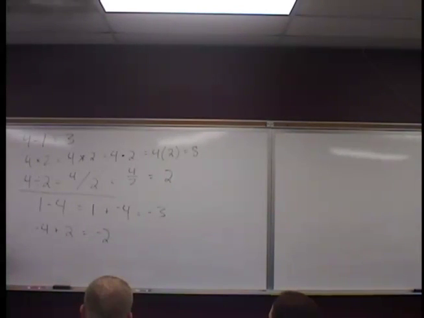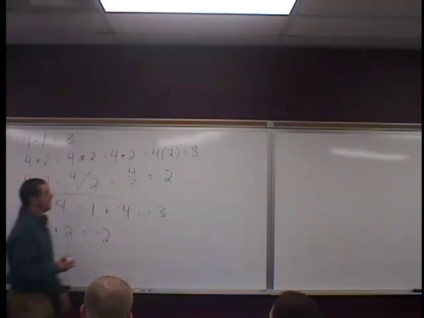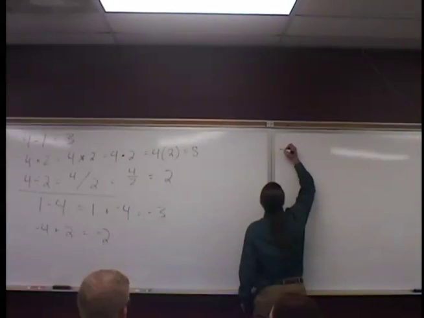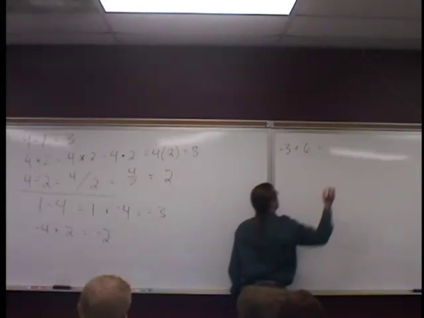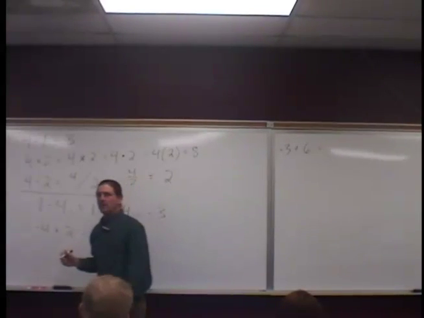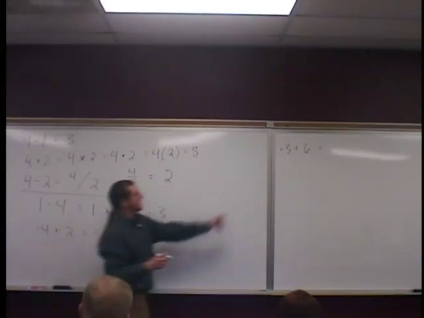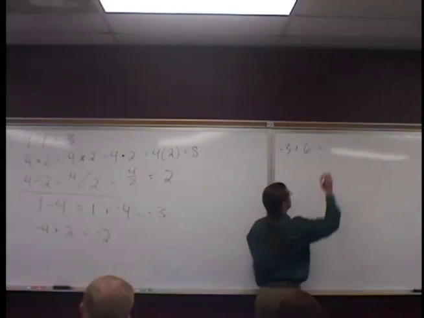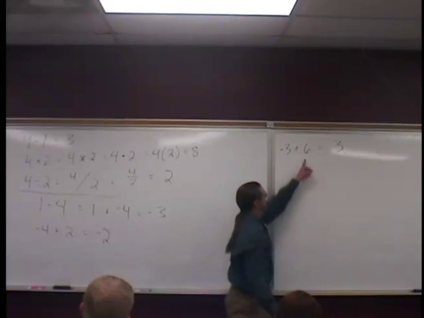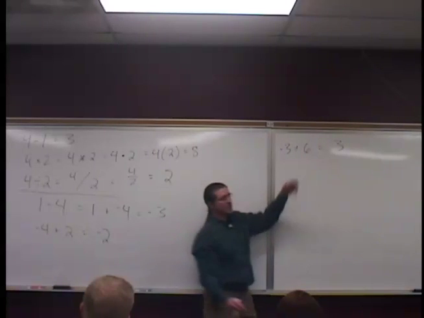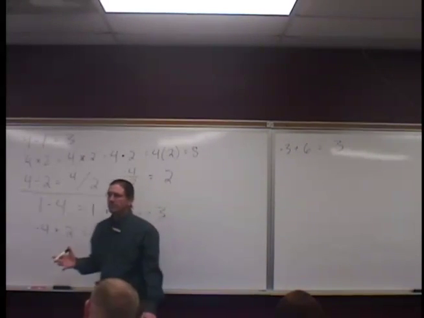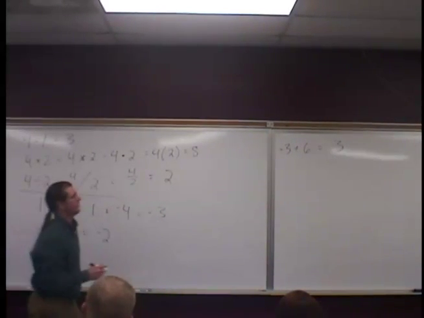Since 4 is bigger than 2, this is negative 2. All right? So if you, just for kicks and giggles, do the same thing. 6 minus 3, because these two have different signs. And now it stays positive because the bigger number, 6, is a positive number, okay? Be careful with those, all right?